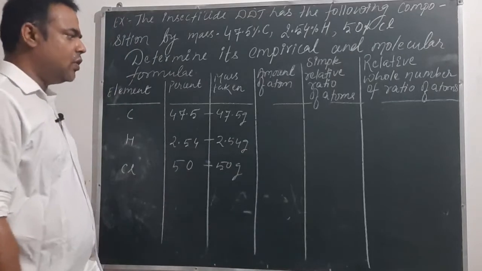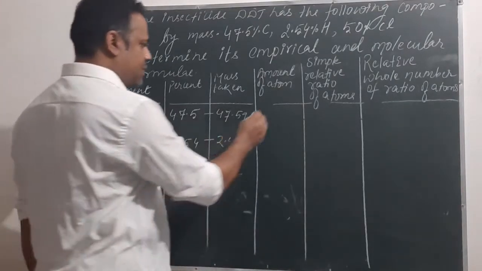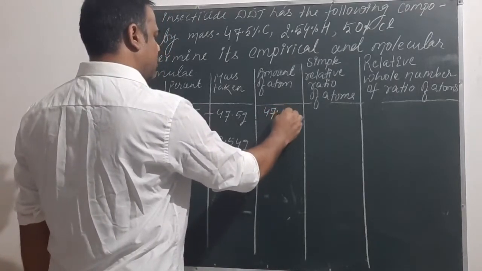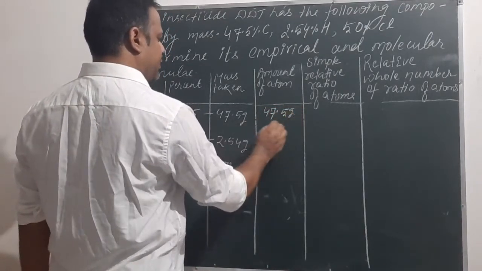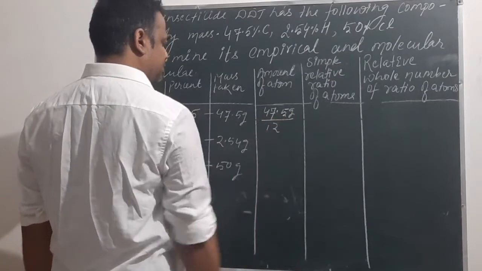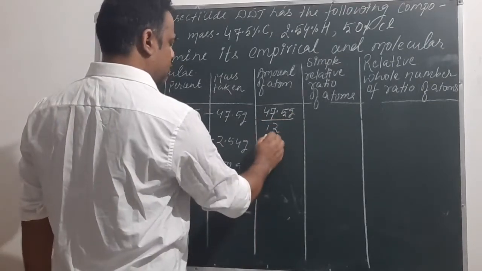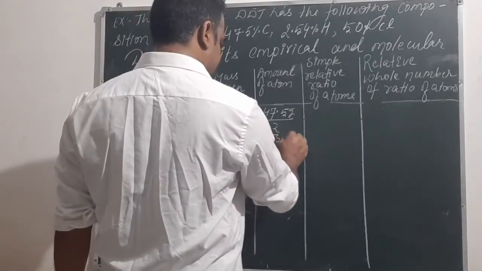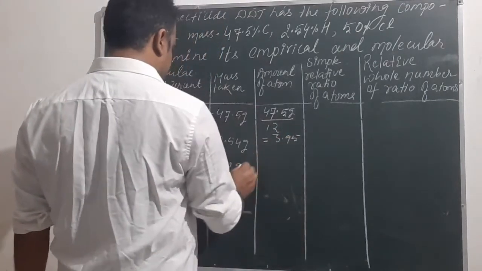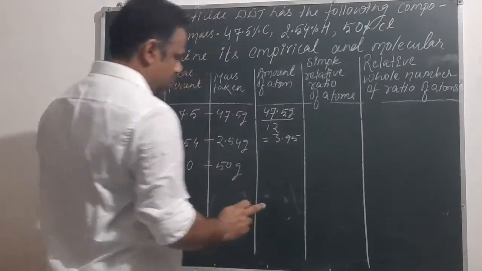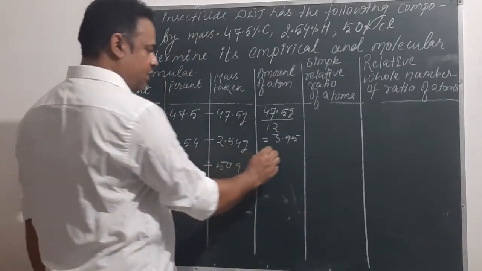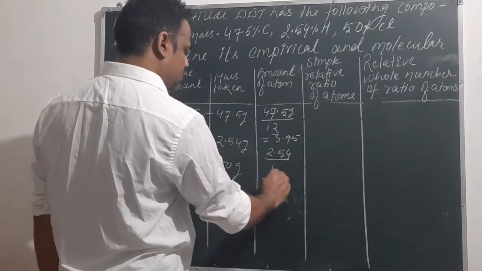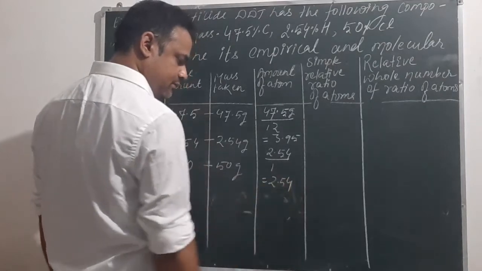To determine the amount of atoms, we'll divide by the molar mass. The molar mass of carbon is 12 gram per mole. So 47.5 divided by 12 gives 3.95 mole. Next is hydrogen: 2.54 divided by 1 is equal to 2.54 mole.